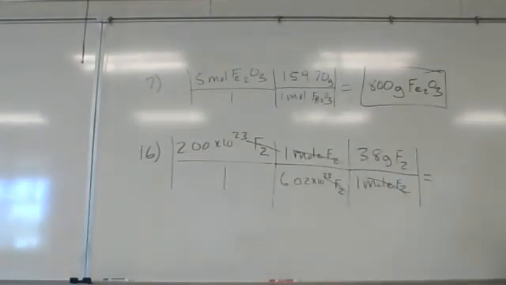See how that's set up? Then I can calculate 2.00 times 10 to the 23rd divided by 6.02 times 10 to the 23rd times 38. To 3 significant figures, 12.6 grams of fluorine.